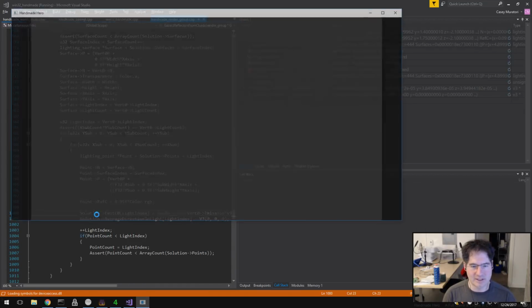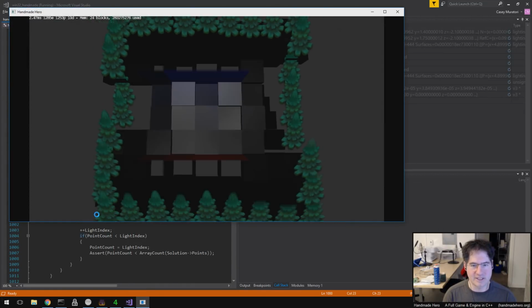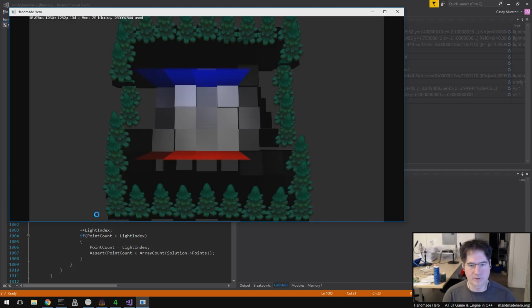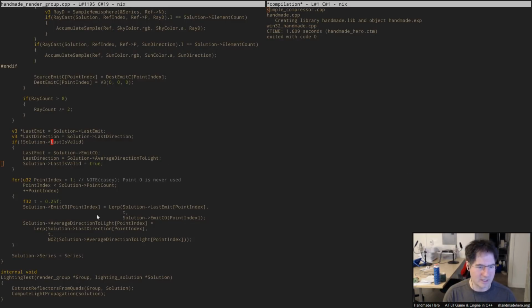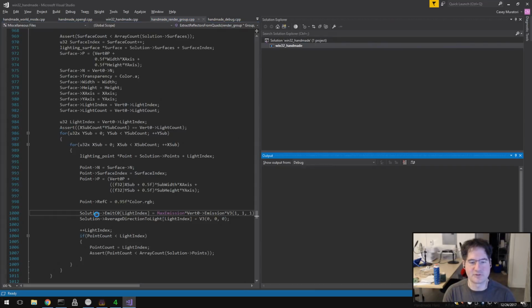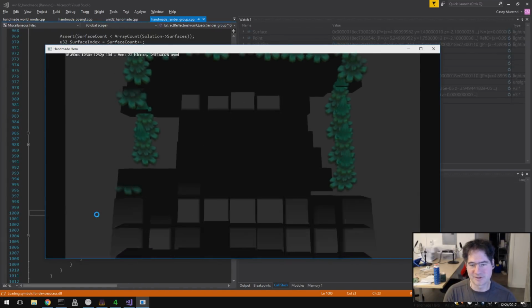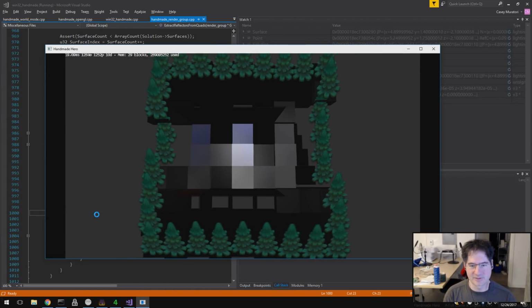So now when I run it and I do F3, I should get, okay, that didn't work at all. So I don't know why. Because I'm not using those. There we go. You gotta actually use the variables you make if you want them to work. Pro tip. There we go.